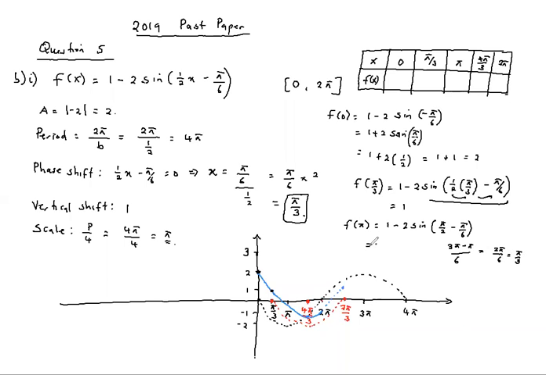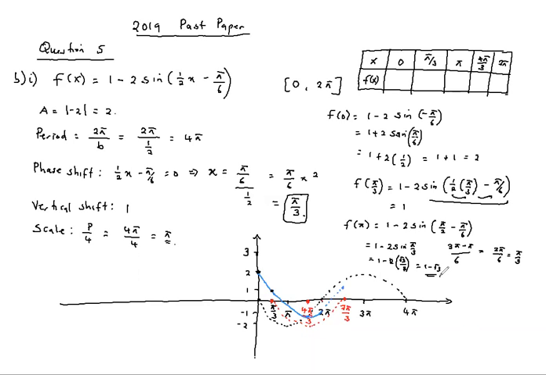So you're looking for 1 minus 2 sine pi over 3. Sine pi over 3 is root 3 over 2. That is sine 60. So you get 1 minus root 3, which is in the negative. And that's why you can see that it's down. And you really don't know exactly what it is because it's a very small number there. That is 1 minus 1 point something. So it's negative 0 point something.